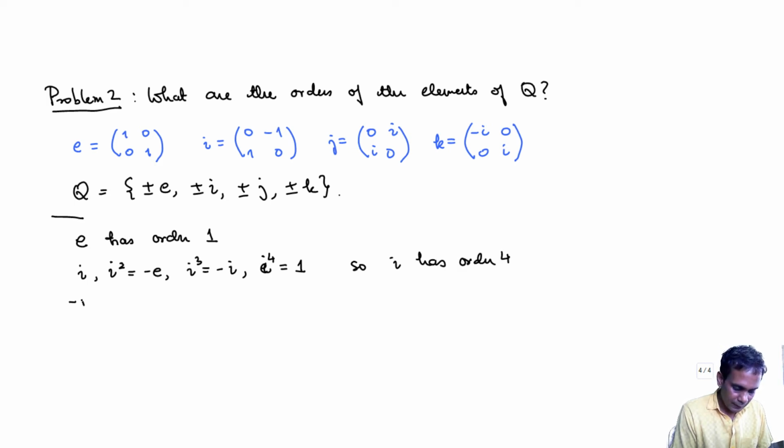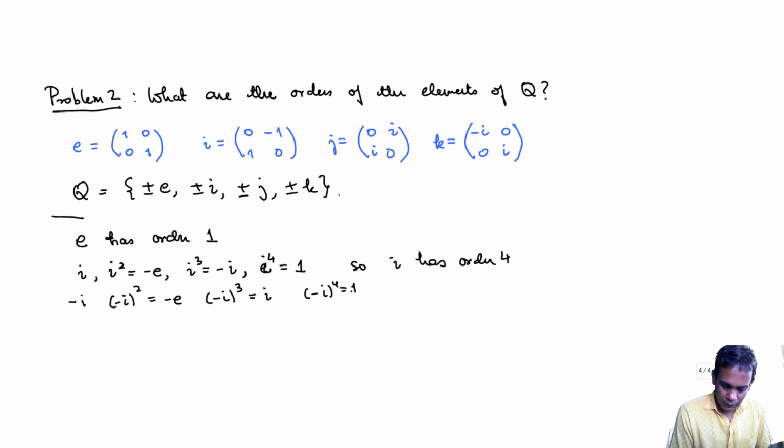What about minus i? Well, minus i squared is also minus e, minus i cubed is i, it's minus of minus i, and minus i to the power 4 is 1. So minus i has order 4. Exactly the same reasoning holds for j, because j squared is also minus e.